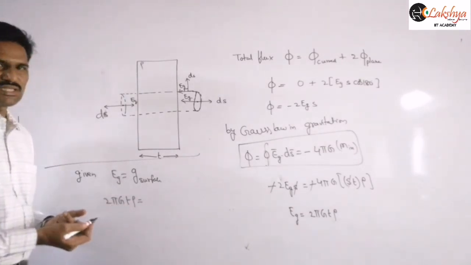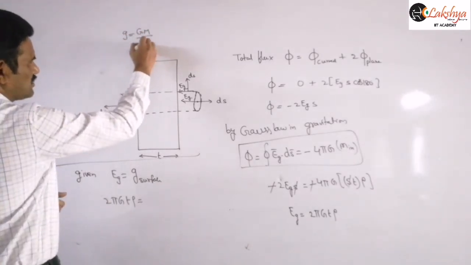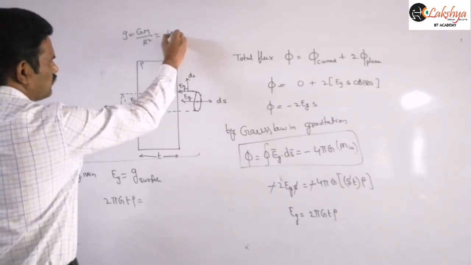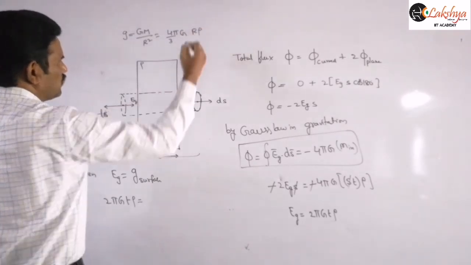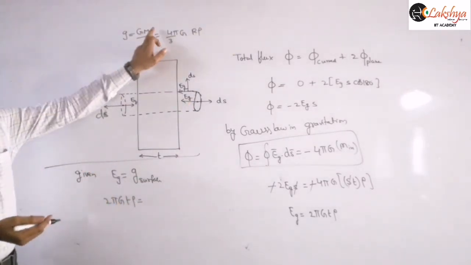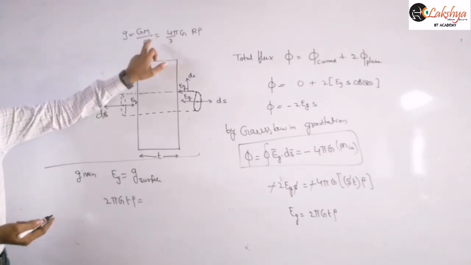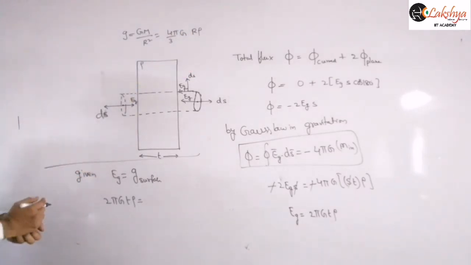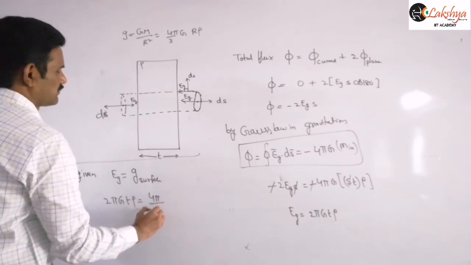You know that g is equal to GM by R square. We just need to write this in terms of density, so 4 by 3 pi G R rho you will get, right? I am converting the mass to volume, 4 by 3 pi R cube rho, and in that R cube the R square will be cancelled, so you get that expression. I am doing it this way because we need it in terms of density.